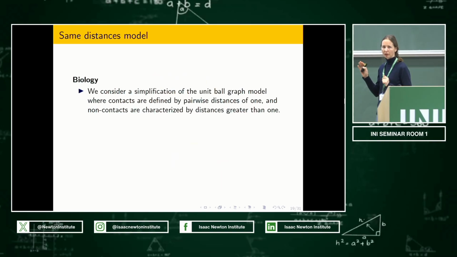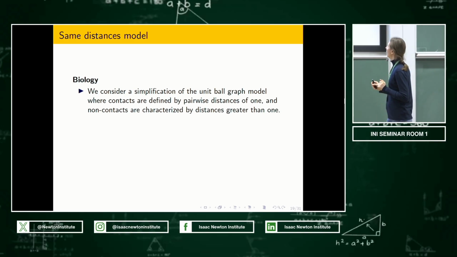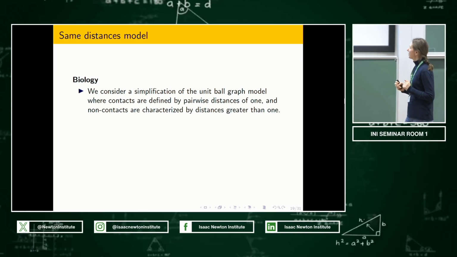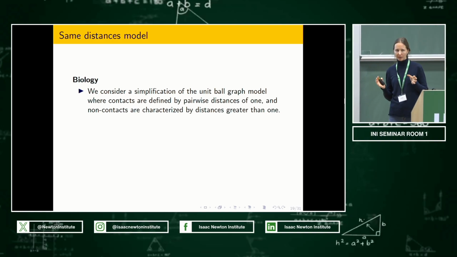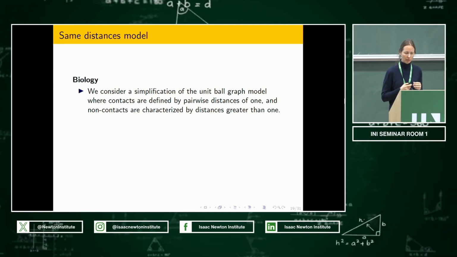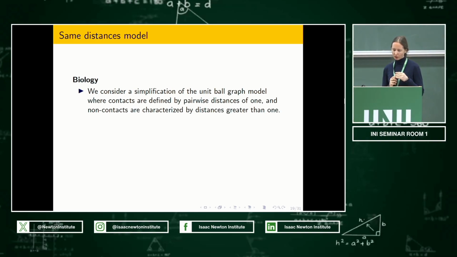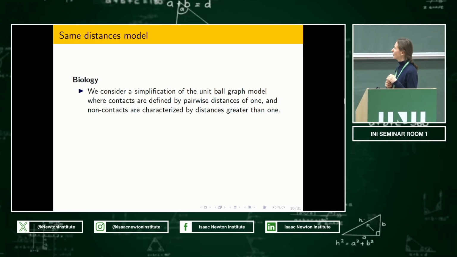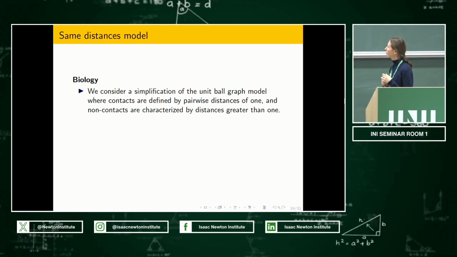Okay, so that was the second model. Now we consider a third model that's related to ball graphs, maybe you have heard of from other settings. So we consider a simplification of the unit ball graph model.